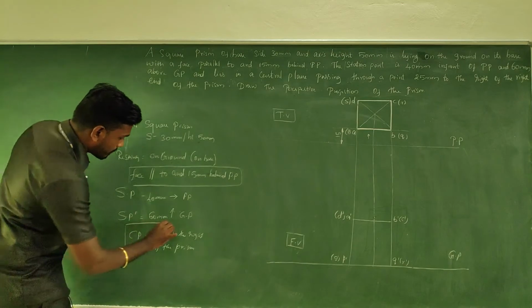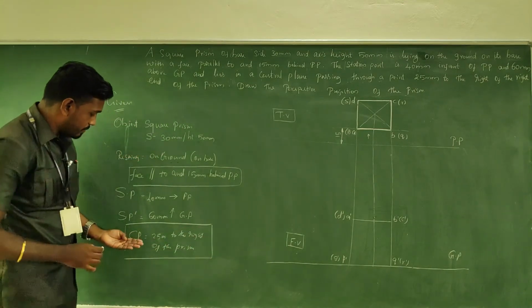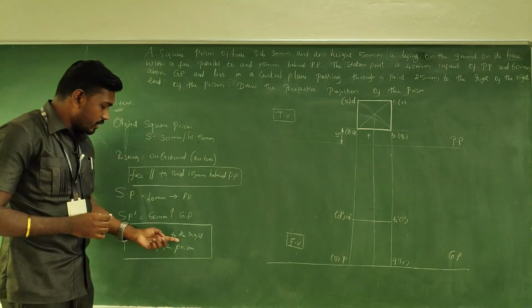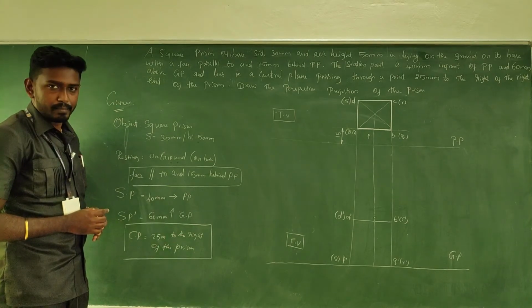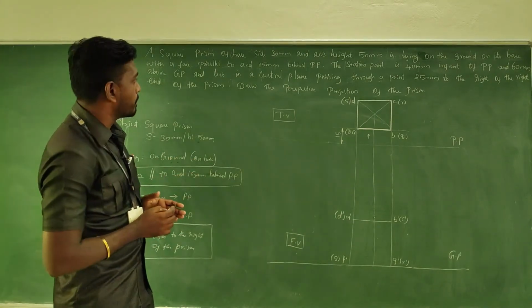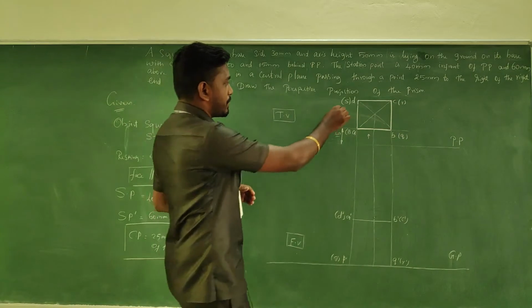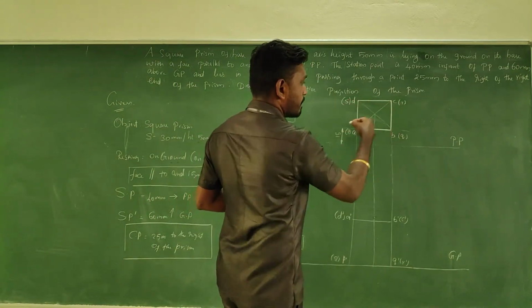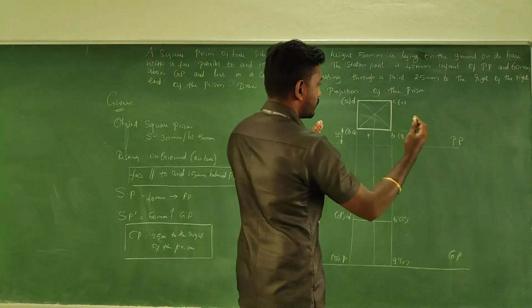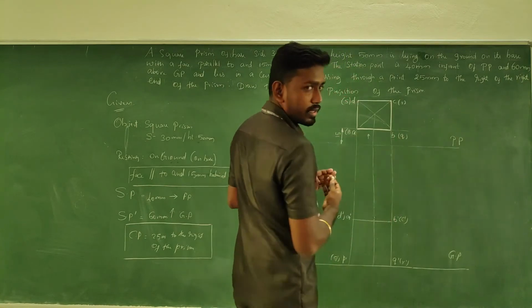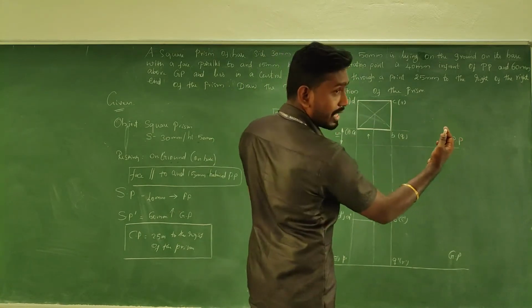The center plane is mentioned as 25 mm to the right of the prism. So this is the prism. This side is the right and this side is the left.